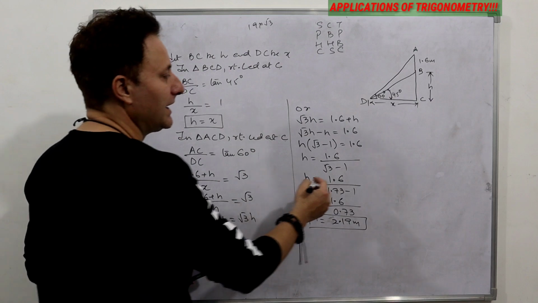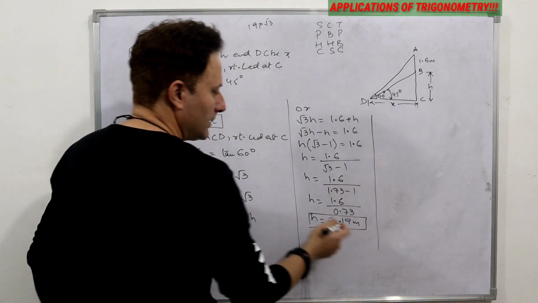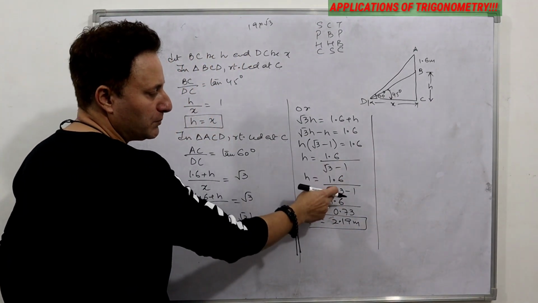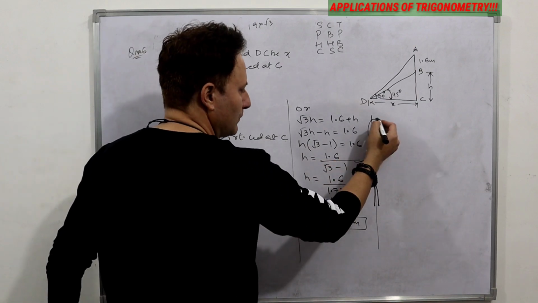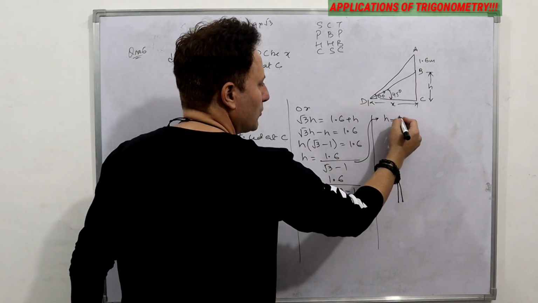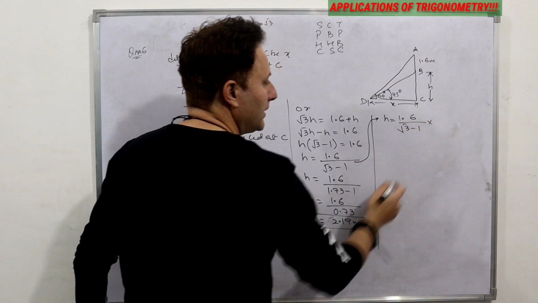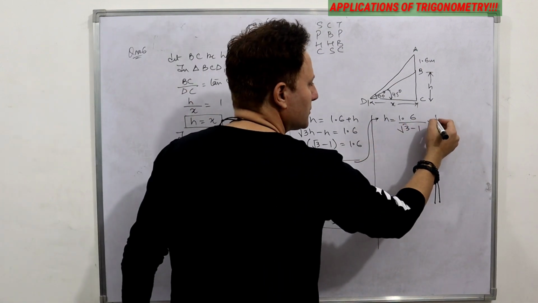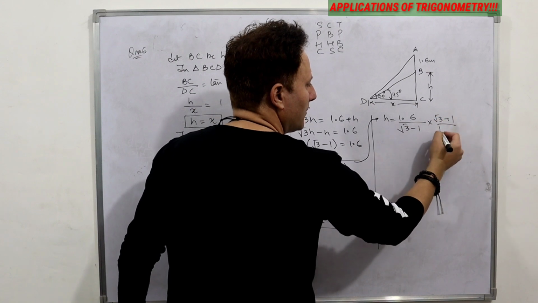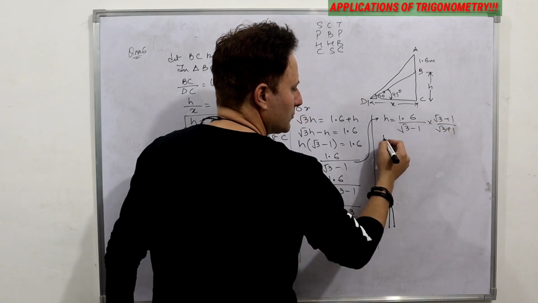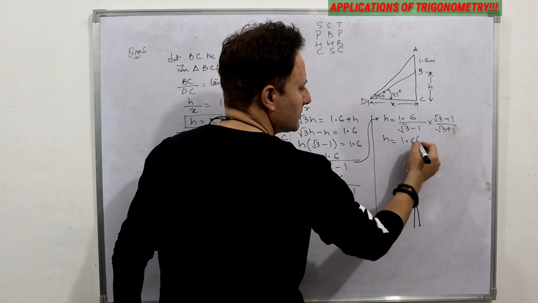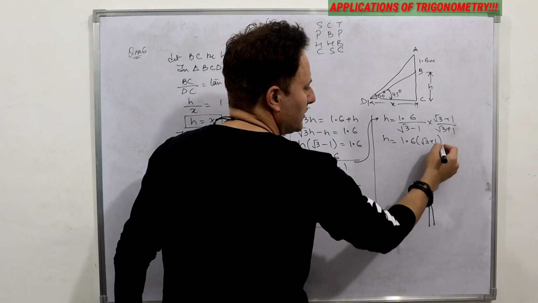Alright, just for your understanding, in case you don't want to put the values, let us take h is equal to 1.6 divided by root 3 minus 1, and then we will do the rationalization, that is root 3 plus 1 upon root 3 plus 1. So h becomes 1.6 times (root 3 plus 1).